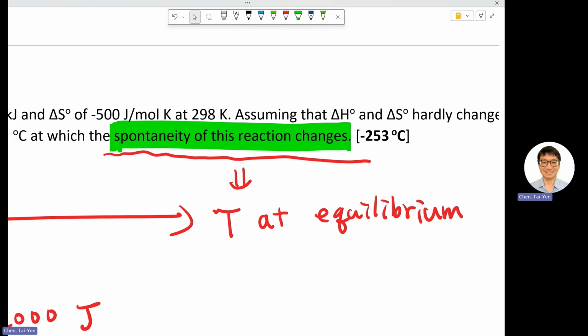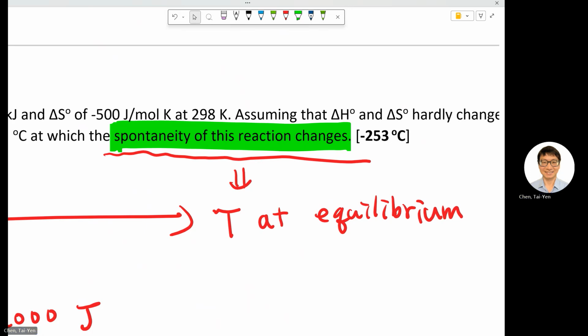So at equilibrium, that is the temperature at which the spontaneity is going to change. From there, you transfer that sentence into the temperature at equilibrium being your target. Therefore you have to solve for T. This is at equilibrium, so you write delta G equals 0, then plug in the delta H and delta S and solve for T.